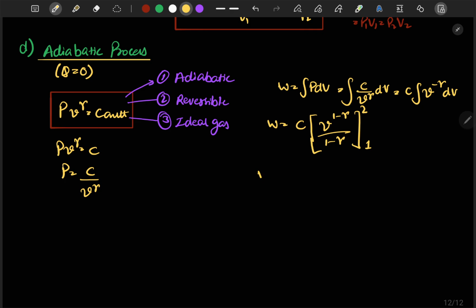We can further simplify it as work done is equal to minus c by gamma minus 1 into v2 to the power 1 minus gamma minus v1 to the power 1 minus gamma.